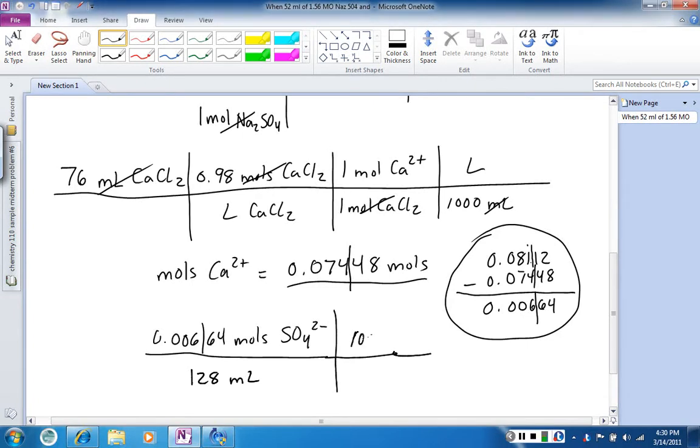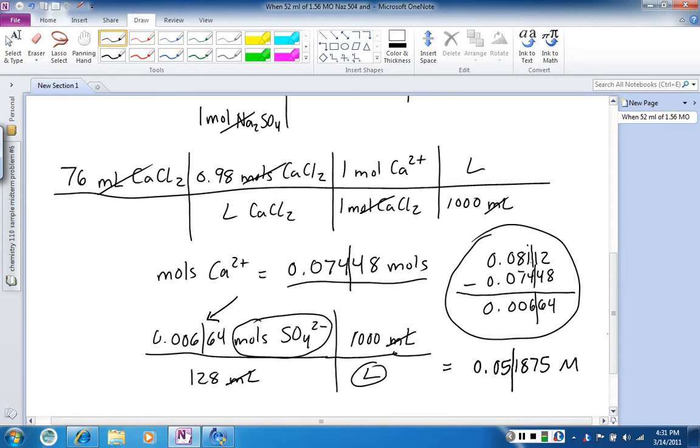We have 1,000 milliliters over a liter. And now we're in moles of SO4 2 minus per liter, or molarity. The answer works out to be 0.051875 molarity.